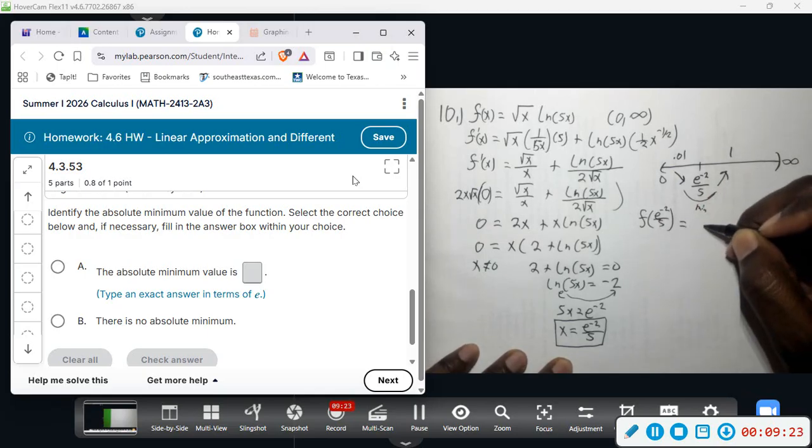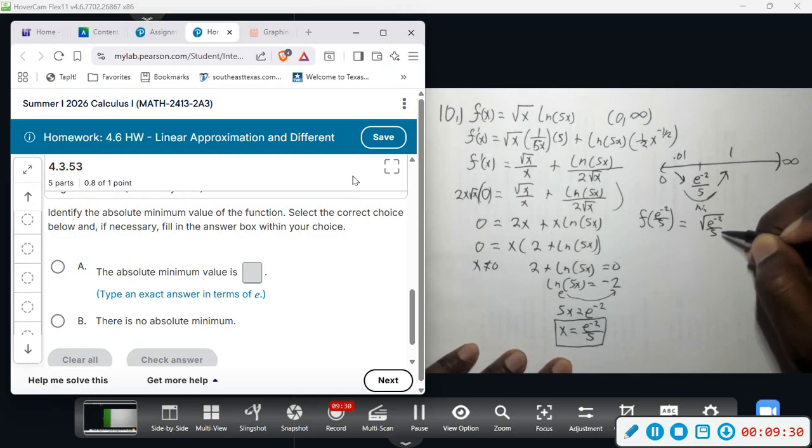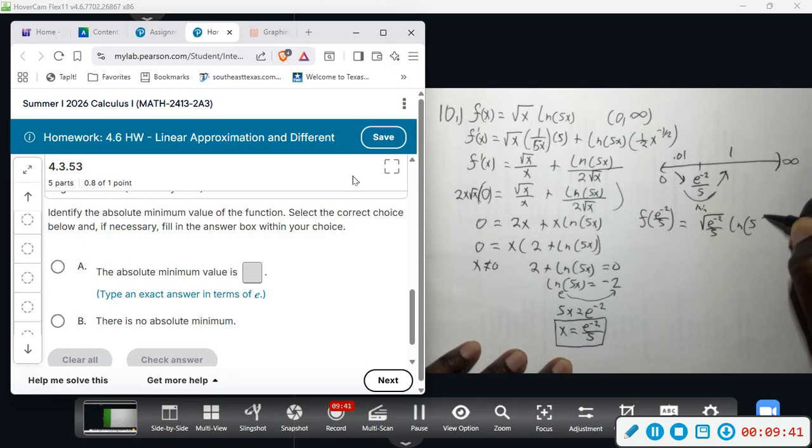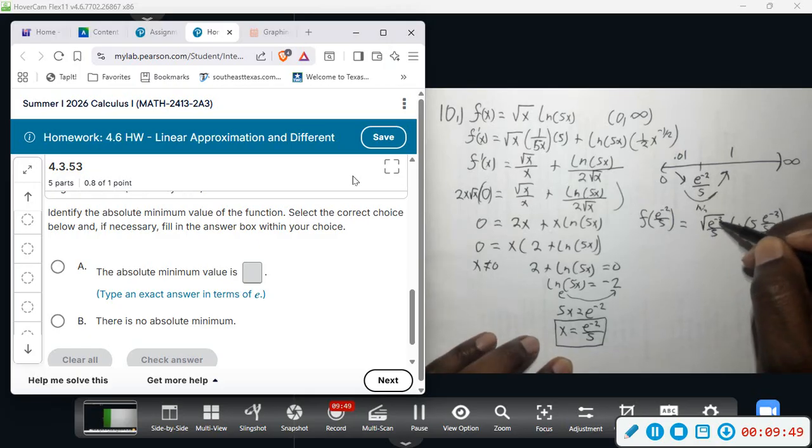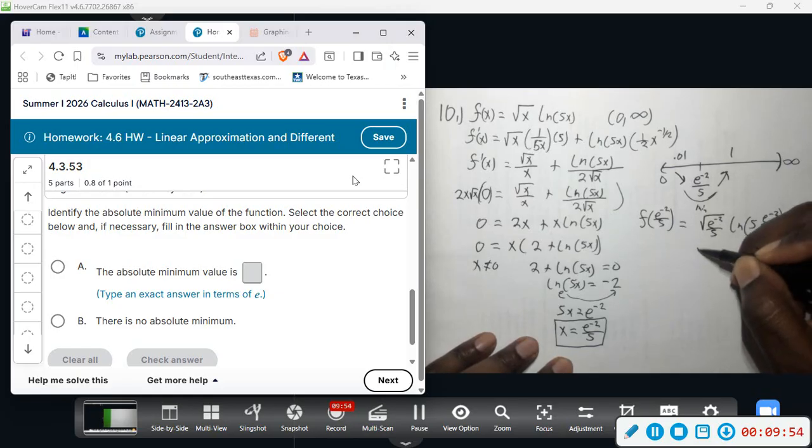It's going to be square root of e to the negative second divided by 5 times ln of 5 times e to the negative second divided by 5. So here, let's just rewrite it as square root of 1 over 5 times e squared.